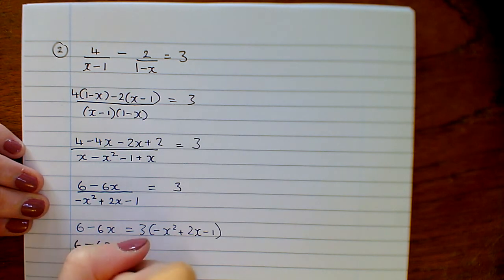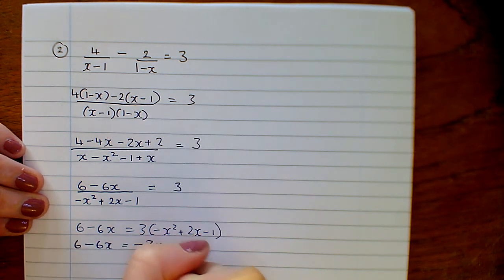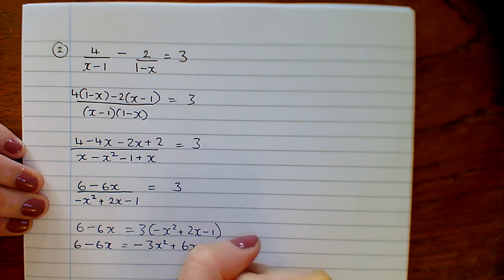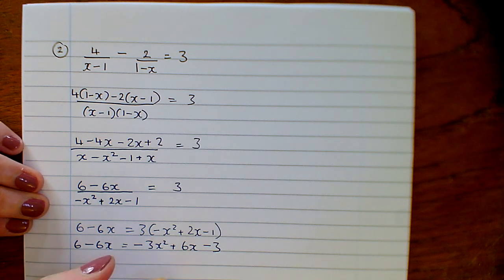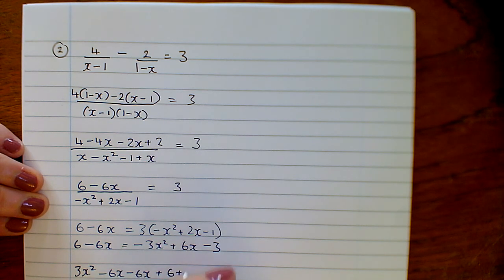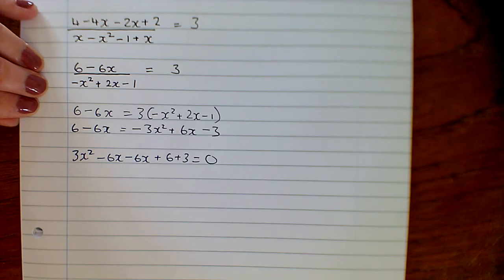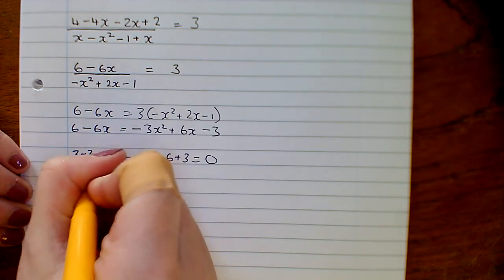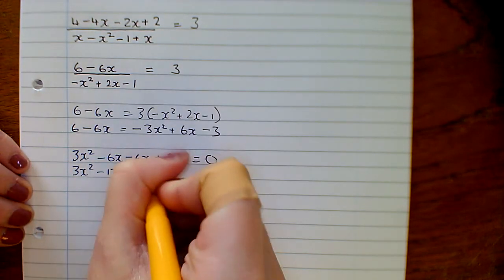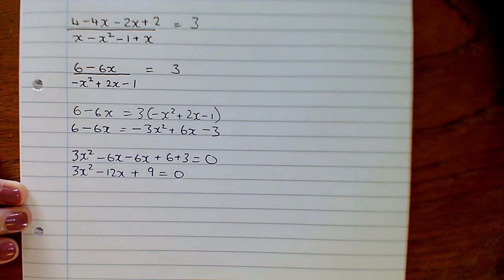So multiply out, and we get minus 3x squared plus 6x minus 3. I'm going to bring everything across to the right hand side, so we've got 3x squared minus 6x minus another 6x plus 6 plus 3 equals 0. Tidy that up. 3x squared minus 12x plus 9 equals 0.